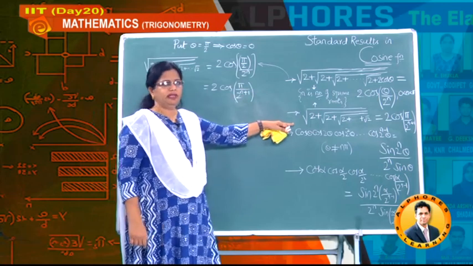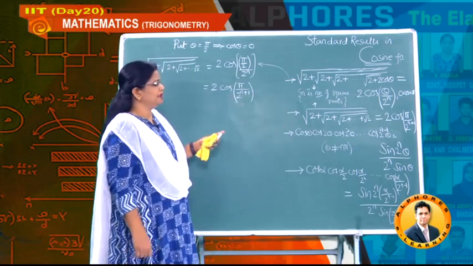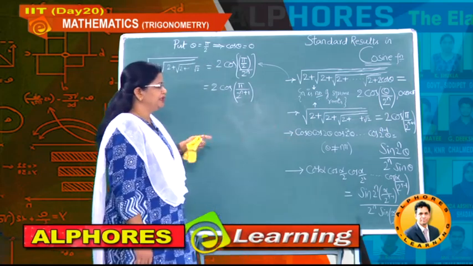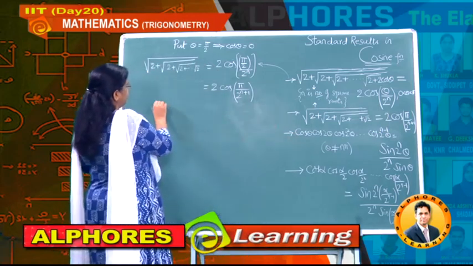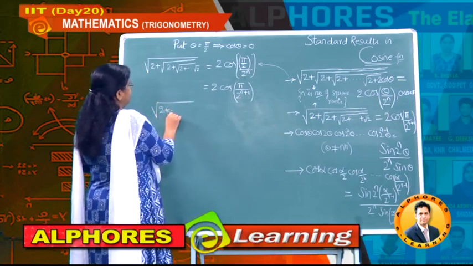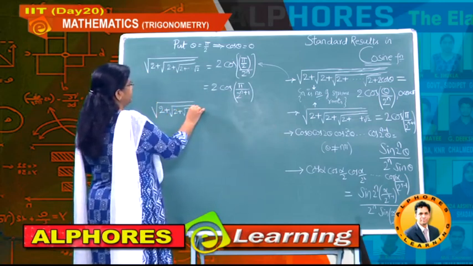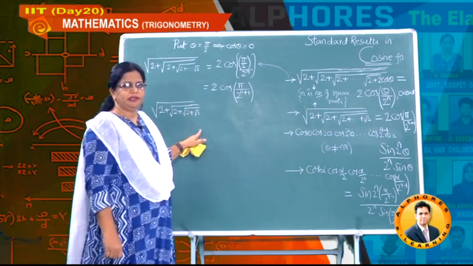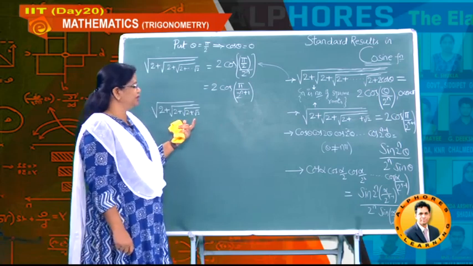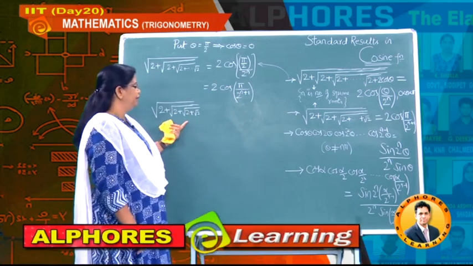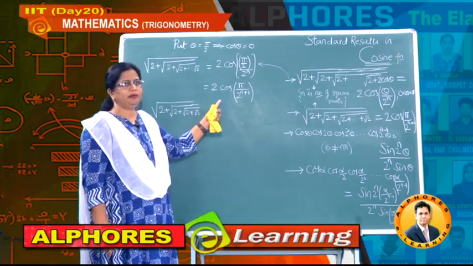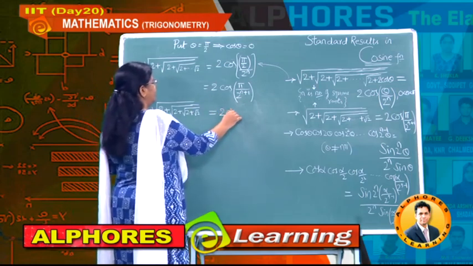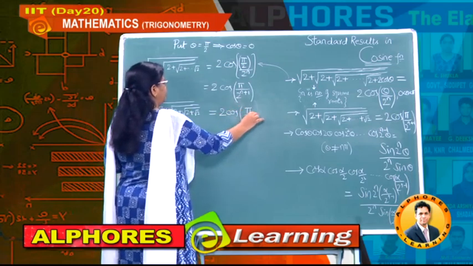Therefore whenever you come across this kind of value, simply basing on the number of square roots you can write the answer. Let us take one example. Suppose it is square root of 2 plus square root of 2 plus root of 2 plus root 2. A problem is given like this, and they will ask what this value is. Immediately you can remember this formula, and the answer is 2 into cos pi divided by 2 to the power of n plus 1.